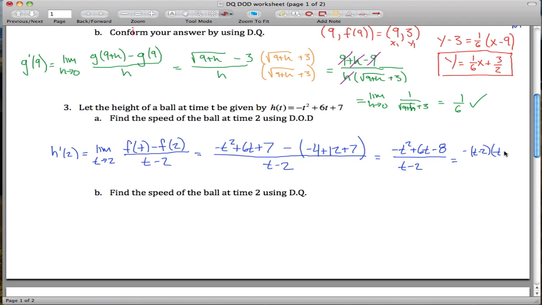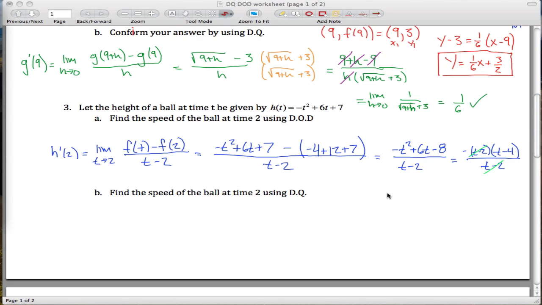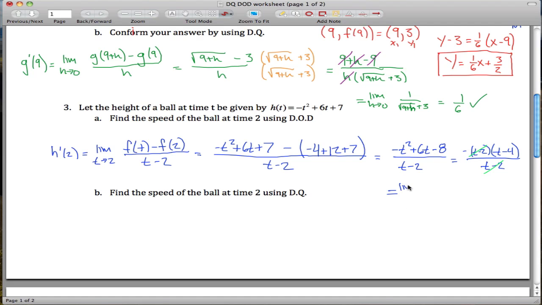I guess that would be t minus 4 over t minus 2. And what's good about this is now those cancel out, and what we're left with is the limit as t approaches 2 of negative t minus 4. So that's negative negative 2, in other words 2.